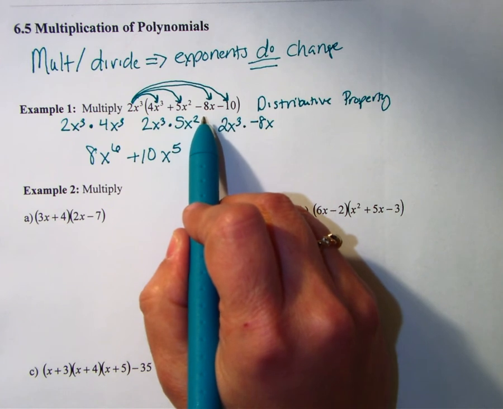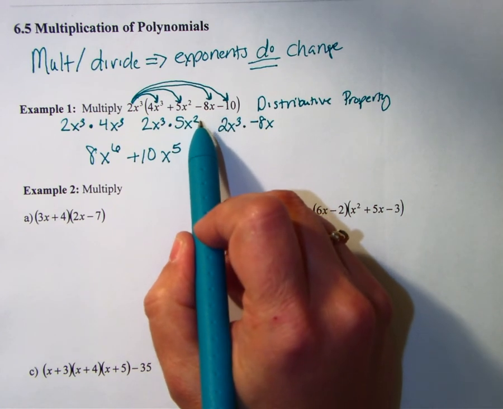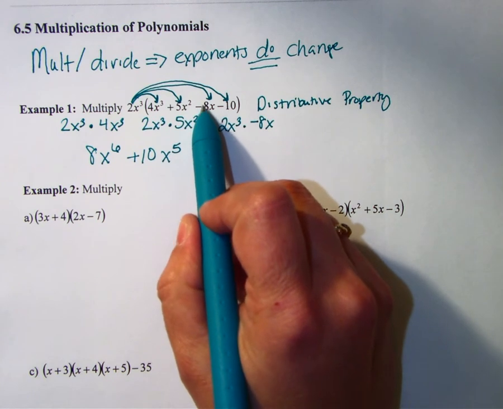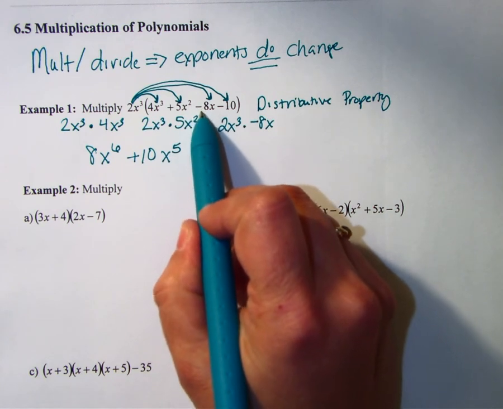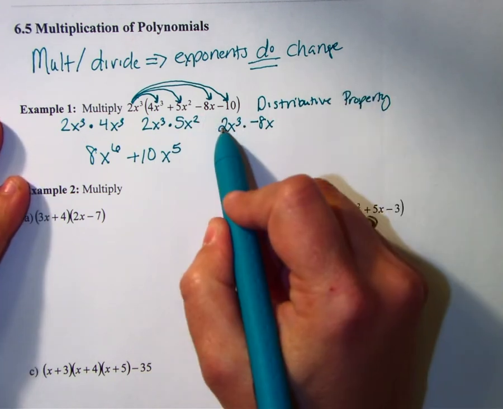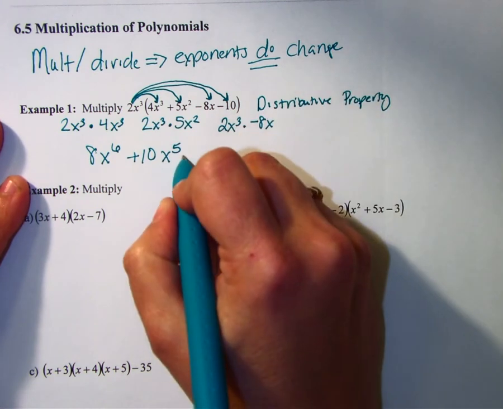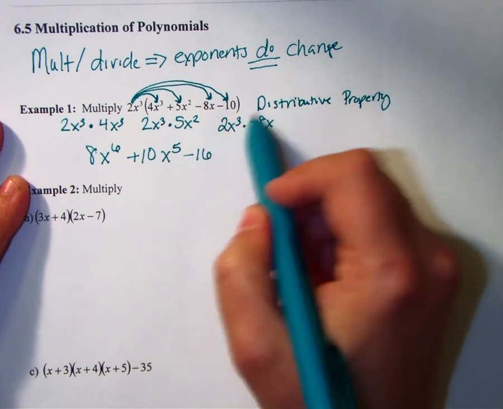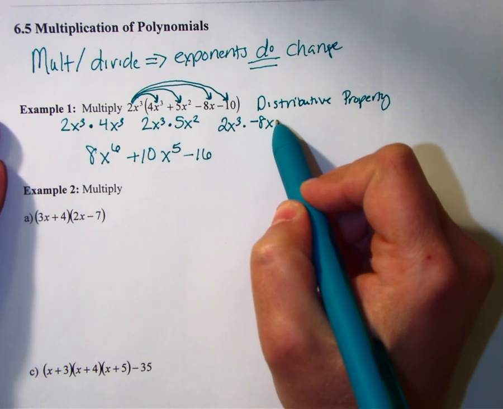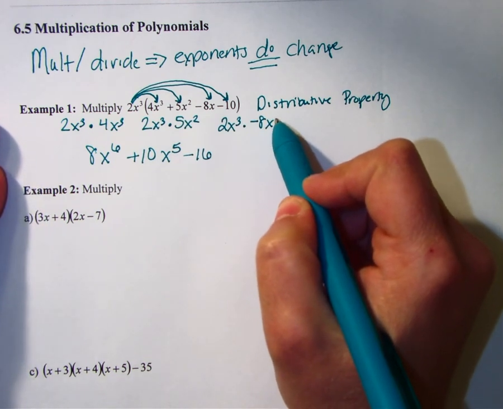When you're looking at an individual term, in this case 8x, this lovely sign right here is no longer the mild-mannered subtraction sign. It is now the powerful superhero negative sign. So 2 times a negative 8 will give me a negative 16. And I have 3 x's here, and there's an exponent here of 1. We don't bother writing it, but it is an exponent even though it's not there. So 3 plus 1 will give me an exponent of 4.